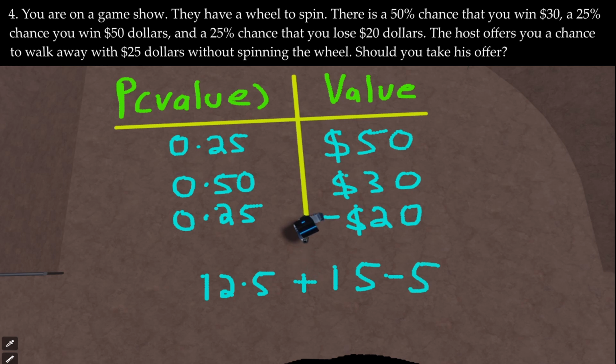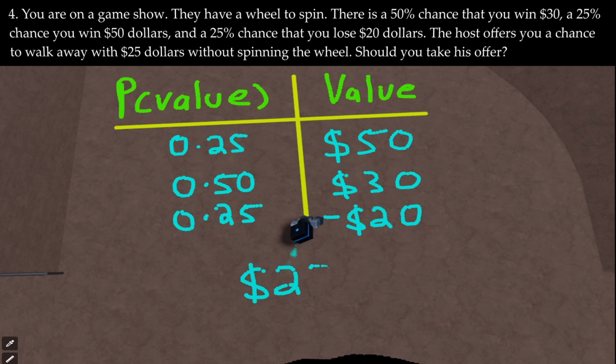And then if you do 12.5 plus 15 minus 5, what you're going to get is $22.5. So all this says is that on average, if you were to spin this wheel, you would earn $22.5. Now, should we take the game host's offer or not? Well, that is less than the $25 that he is offering us.